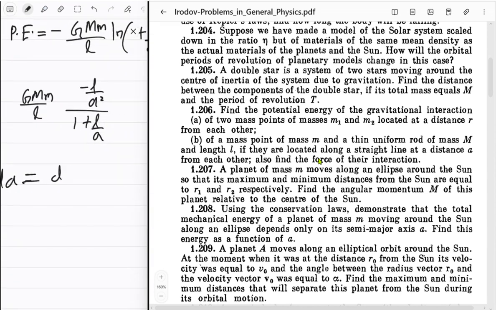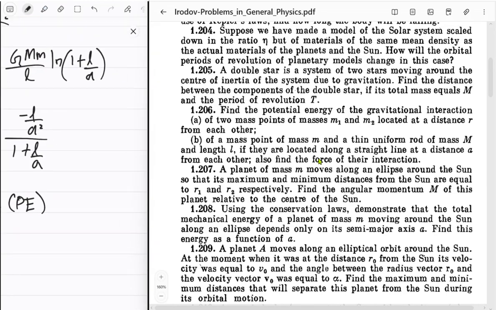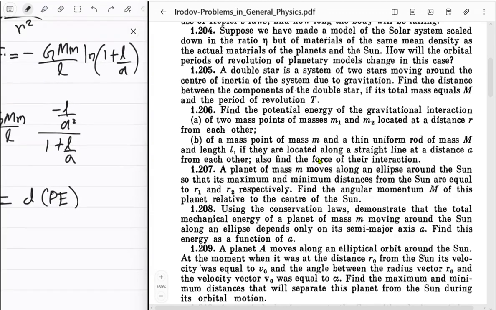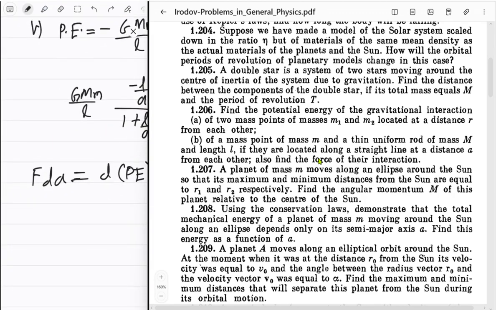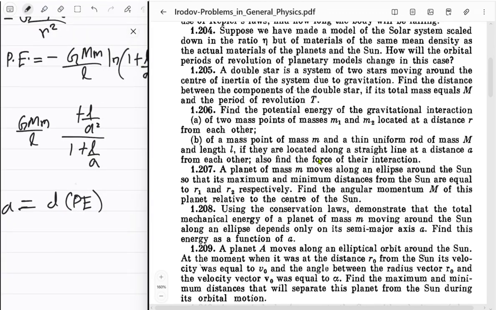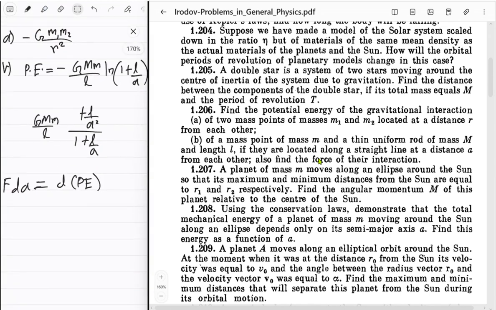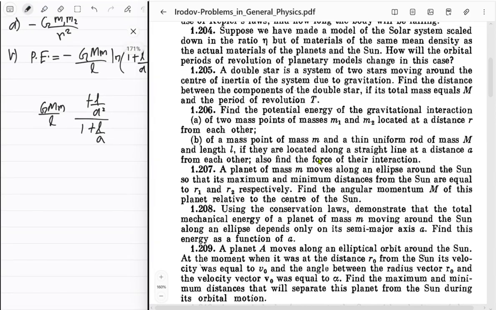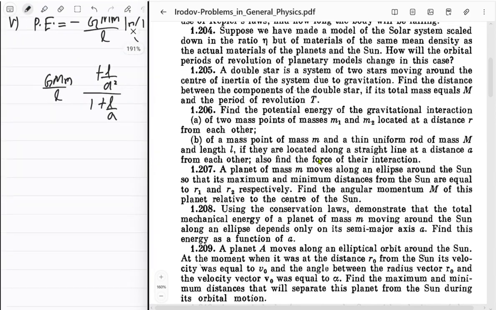As A increases, this whole value decreases, and then negative of that. So we put in an extra negative factor that's not supposed to be there. Just this guy. That makes sense. So that's the attractive force.